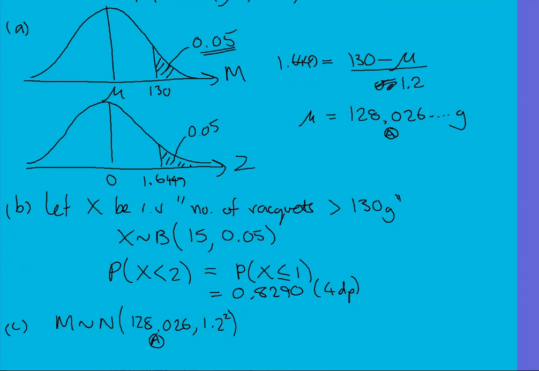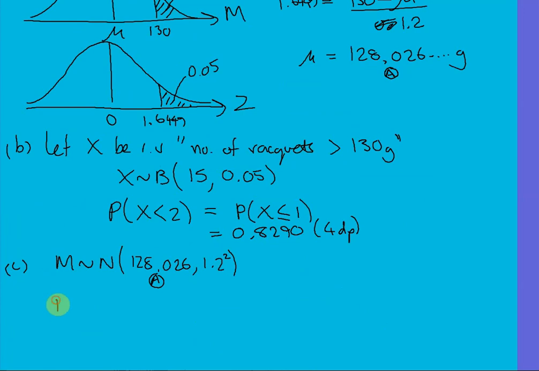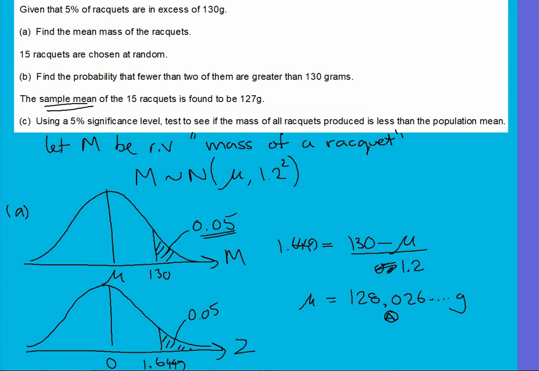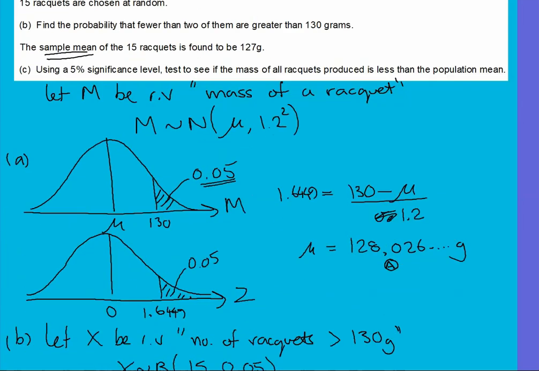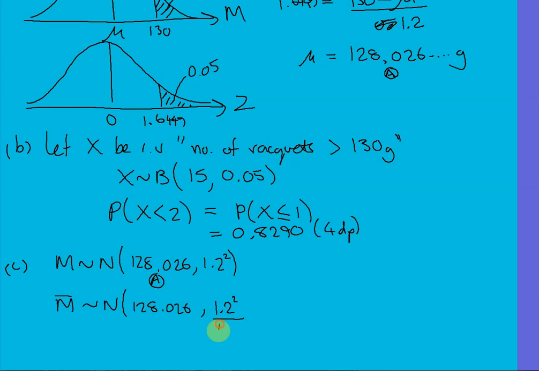Well, that means the sample mean is distributed normally. This bit stays the same, but then the variance is going to be divided by the sample size, and the sample size of 15 rackets still. Sometimes they can change that, you see.